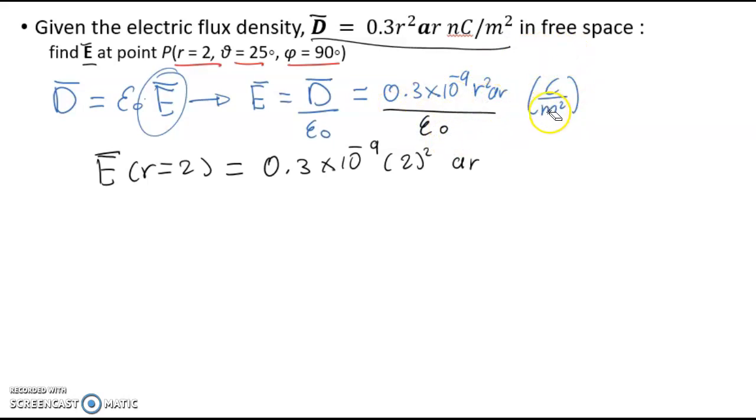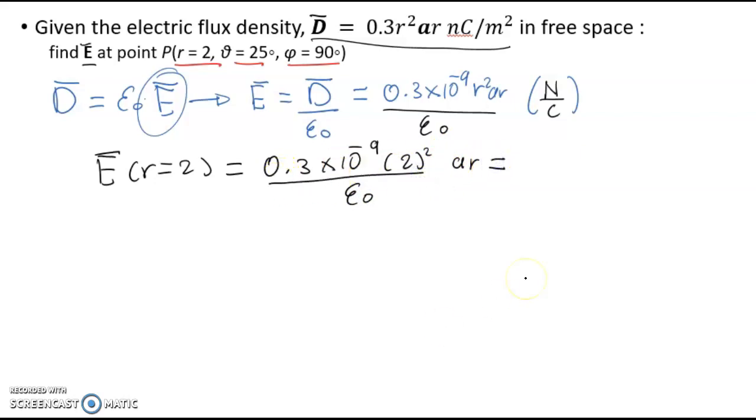When we place this over epsilon 0, we change from coulombs per square meter to volts per meter, or newtons over coulombs. Any one of those two units can be valid. So we analyze from here, adding the component of epsilon 0 in the a_r direction. That's important.